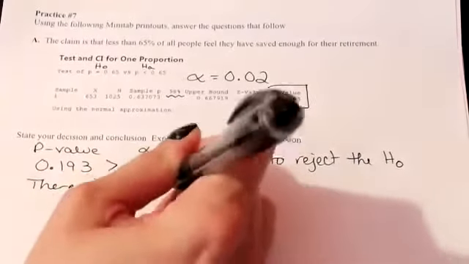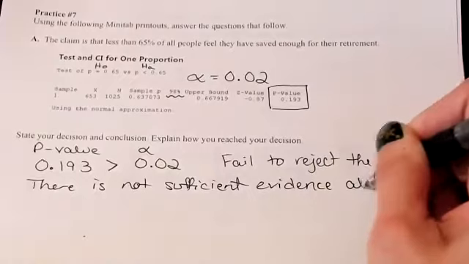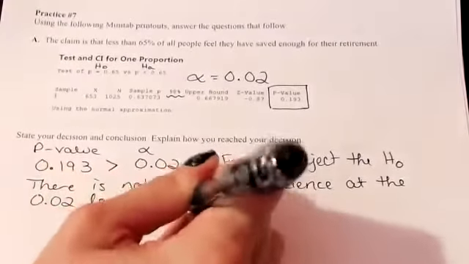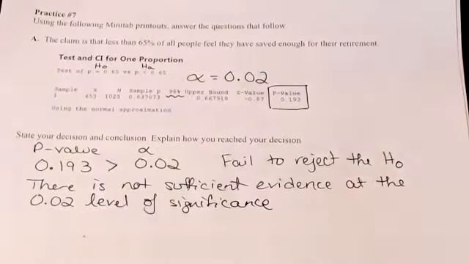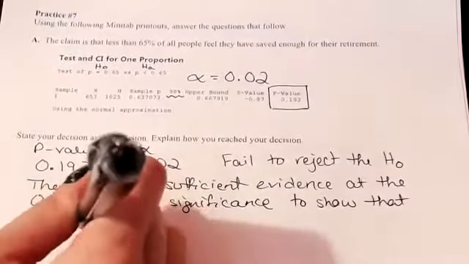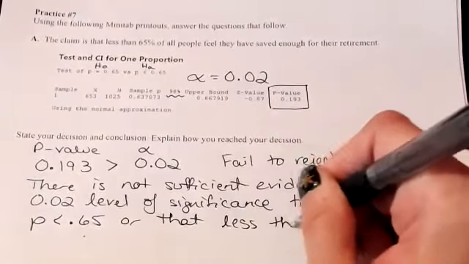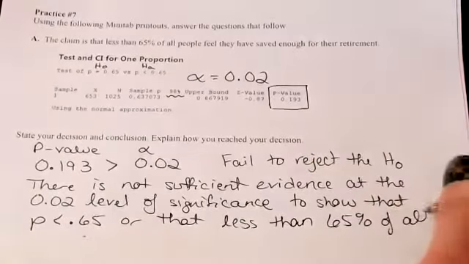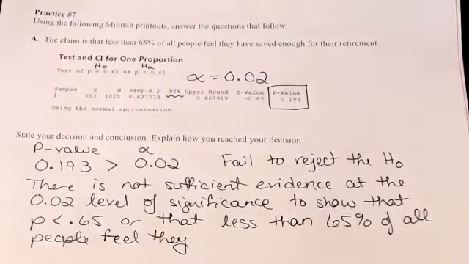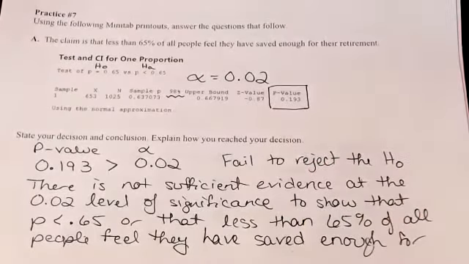There is not sufficient evidence at the 0.02 level of significance to show that p is less than 0.65, or that less than 65% of all people feel they have saved enough for their retirement.